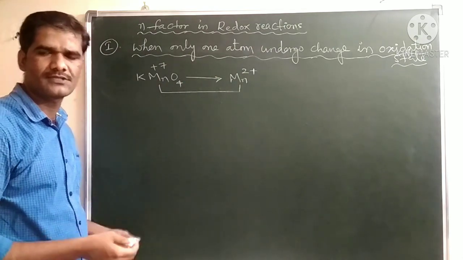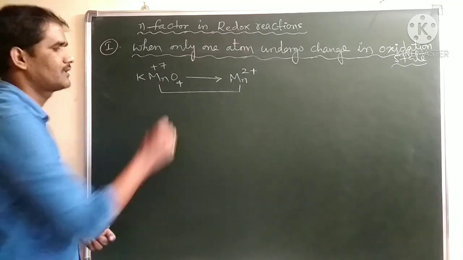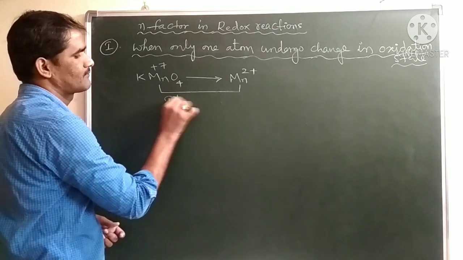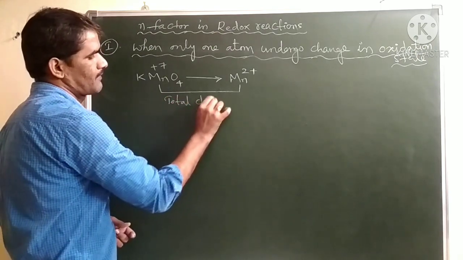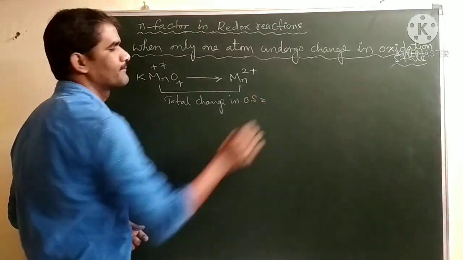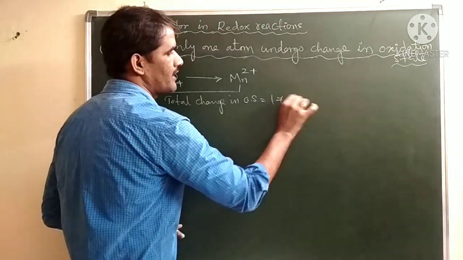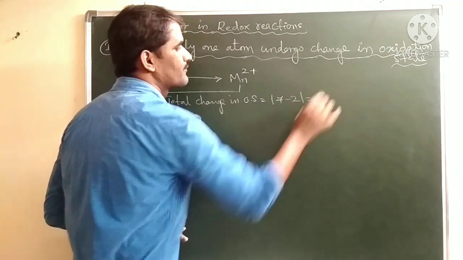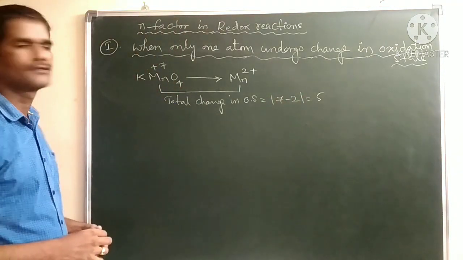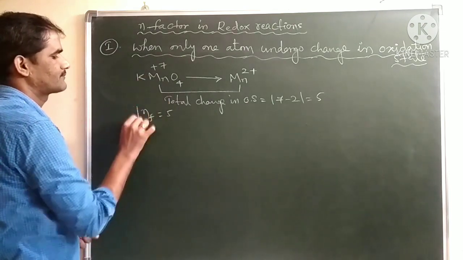So either change in oxidation state or total number of electrons per molecule you have to take. Always you have to take the mod value. 7 minus 2 is 5. So now N factor for KMnO4 is equal to 5.